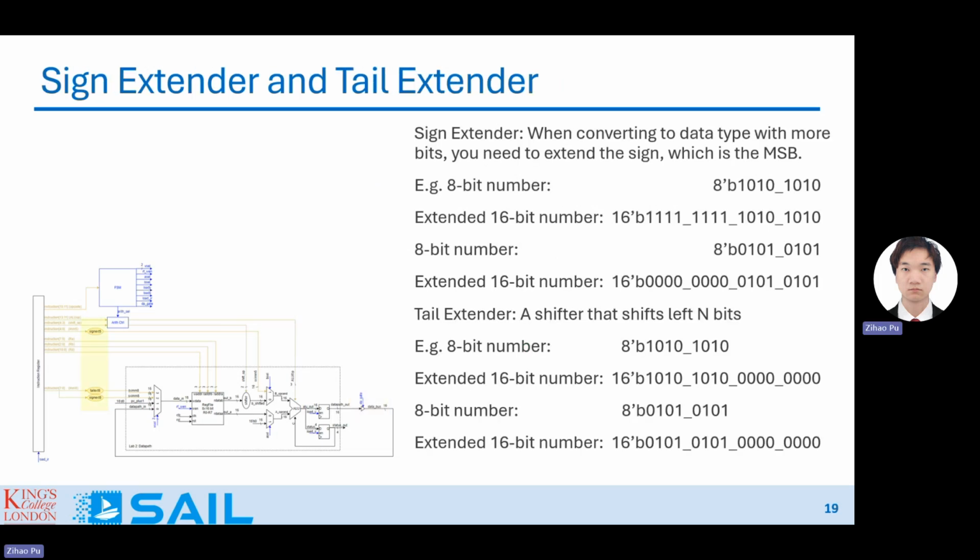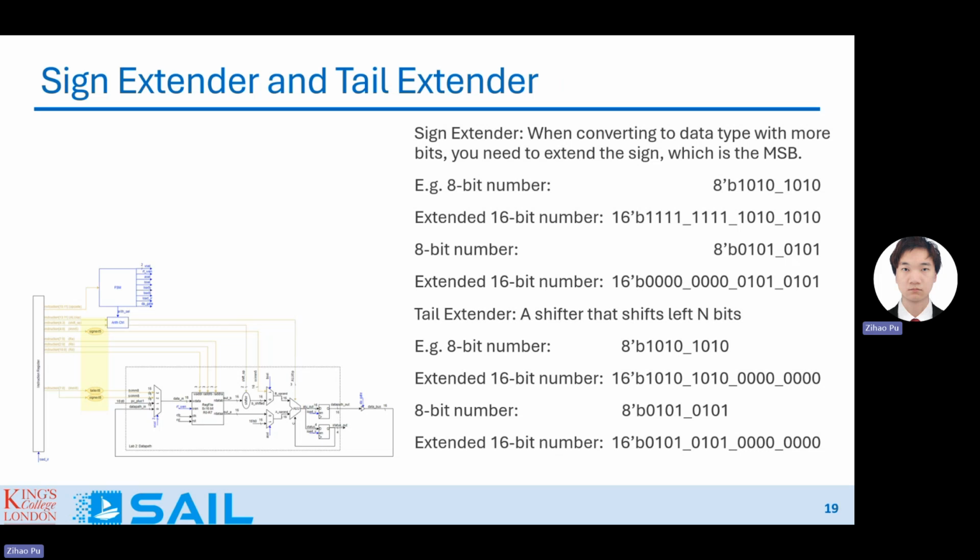Also, we have a sign extender. I have covered this in lab 1, but I will make another quick review of what a sign extender and tail extender are. Sign extender is basically extending a lower bit number to a higher bit number while keeping the sign.